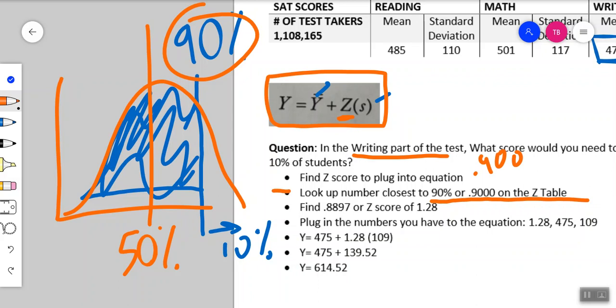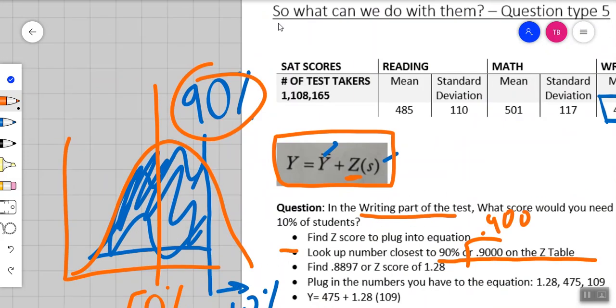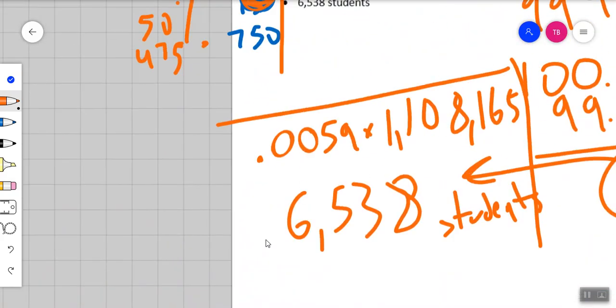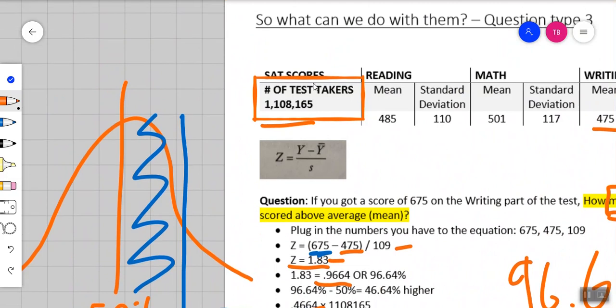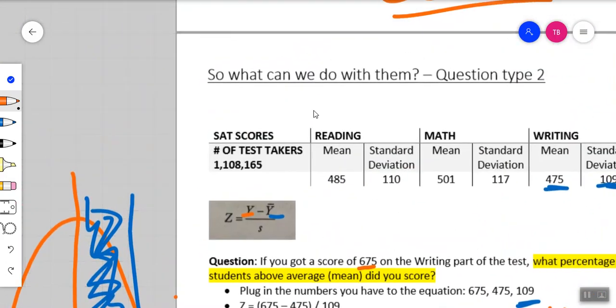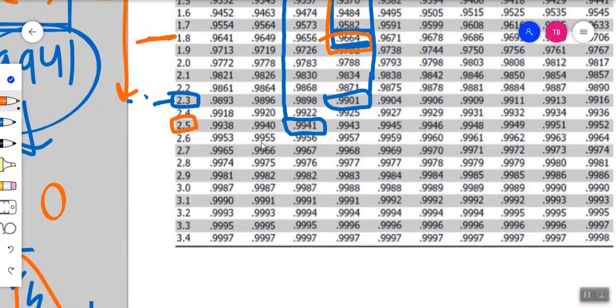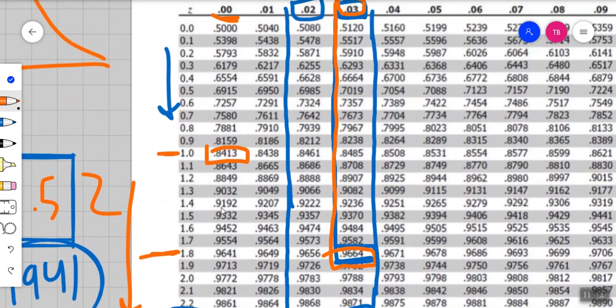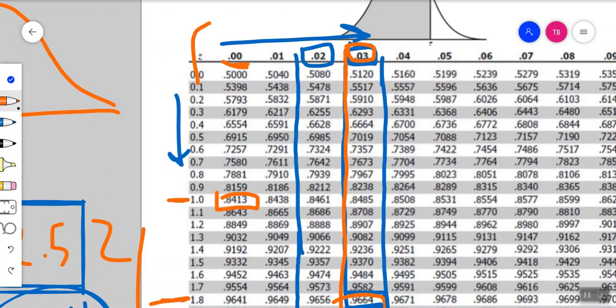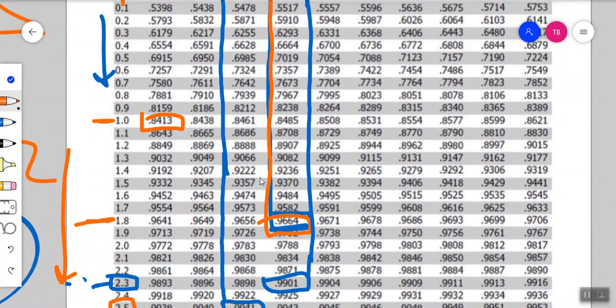So we want to go back to the z-table and look for something closest to this. Back to our z-table. Rather than starting over on this area, we're going to be looking in the body of the table for something closest to 0.9000.